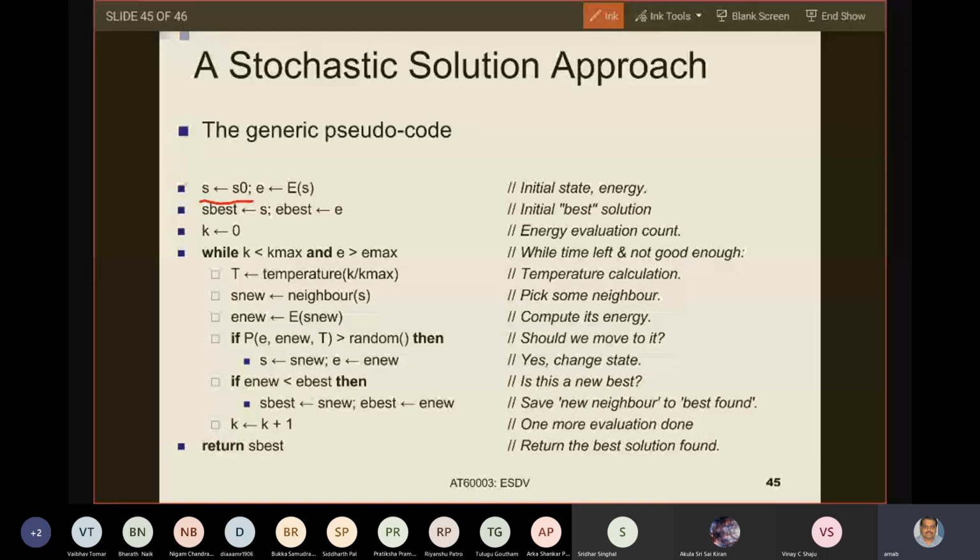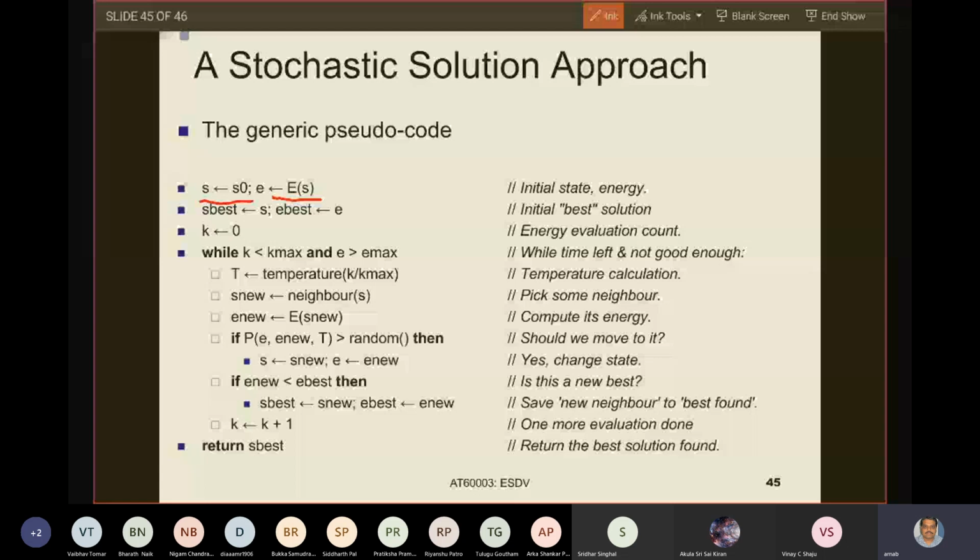So S equals S0 is the initial solution. Then E equals ES. Capital ES is a function which computes the software cost with respect to that partition. So if S is a solution, capital ES is the software cost with respect to the solution, and small e equals ES.